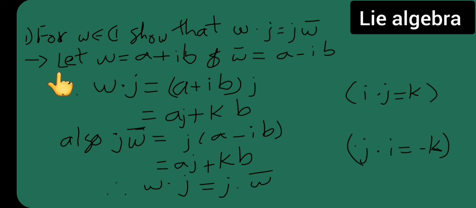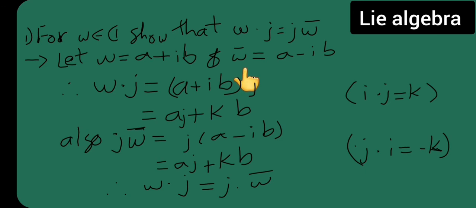What the solution says: let w is equal to a plus ib and conjugate of w is equal to a minus ib. Okay, now first part I'll do, w into j is equal to a plus ib into j. Now this is a into j, what I wrote, plus i into j is what? k, so kb. Okay, also you have to find out j into the conjugate of w, which is equal to j as it is, then a minus ib.